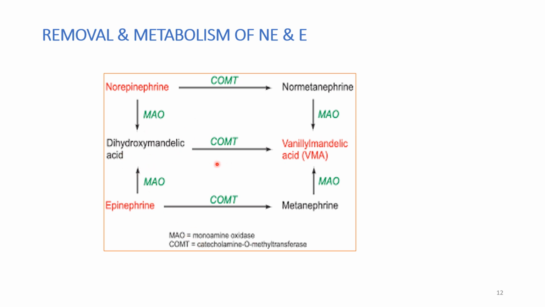And this dihydromandelic acid can also be converted into vanillyl mandelic acid with the help of COMT. And this metanephrine, normetanephrine can be converted into VMA by monoamine oxidase. And this VMA will be excreted through urine. So all these are converted into VMA and excreted. This flow chart is important.